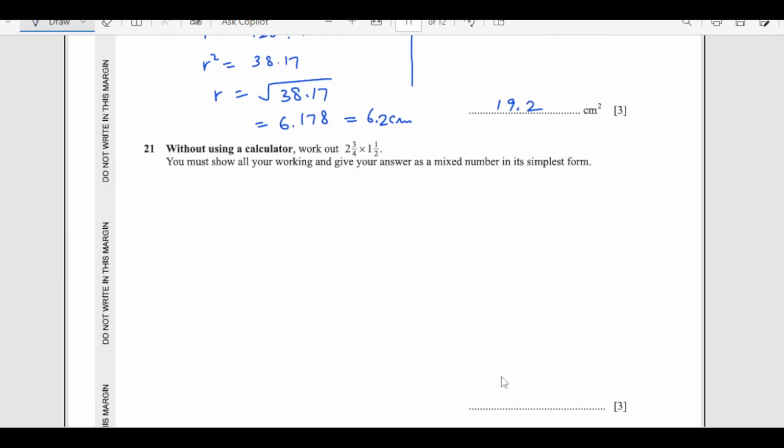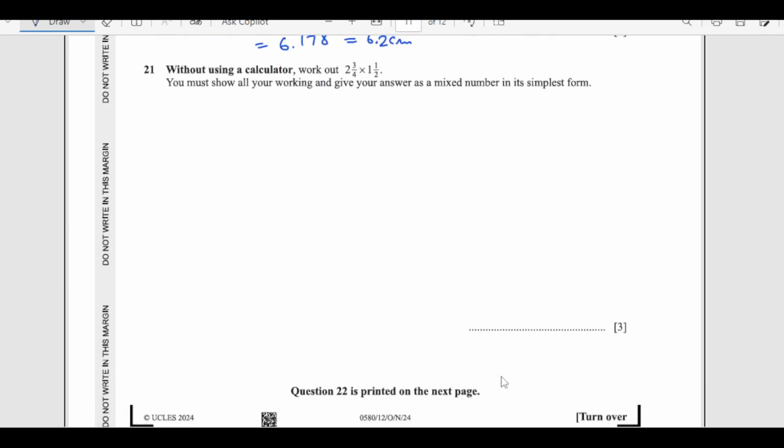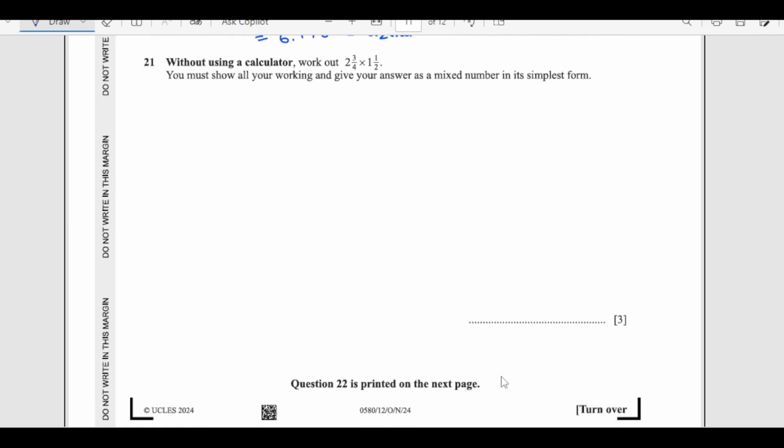Okay. Now number 21, without using a calculator, work out the calculation that we are given here.